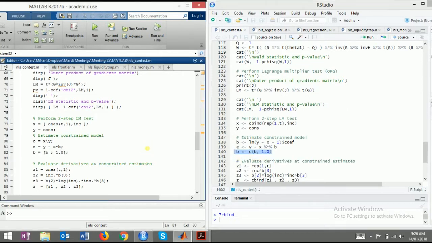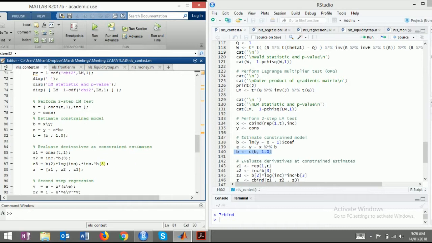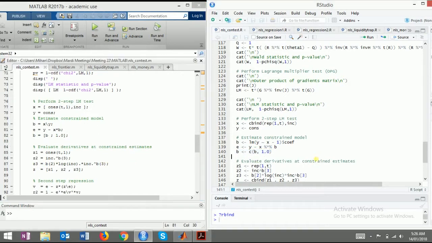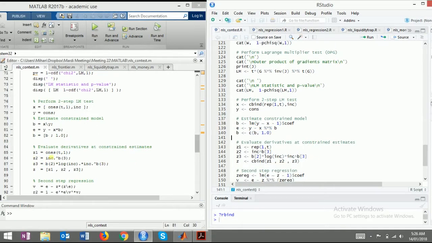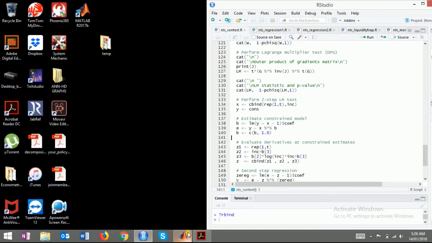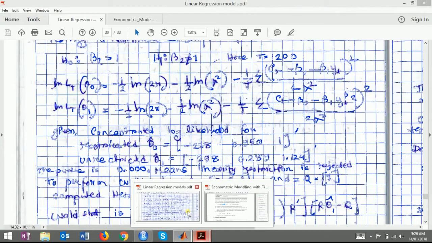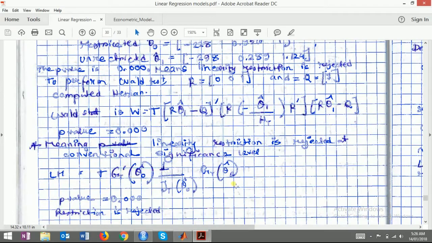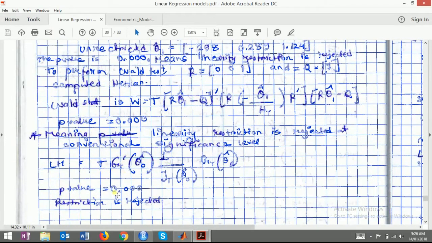Then evaluate derivatives at the constrained estimates. Z1 is 1s, Z2 is income to the power beta 3, then Z3 is simply the equation beta 2 into log income into income to the power beta 3. After doing this, the p-value shows the restriction is rejected.